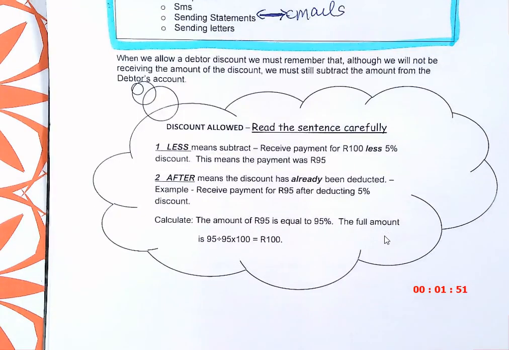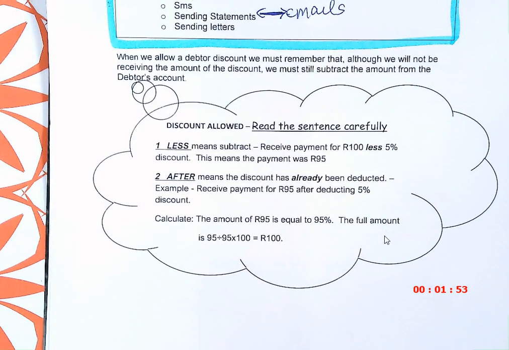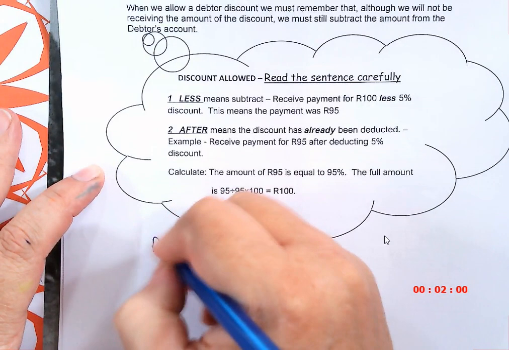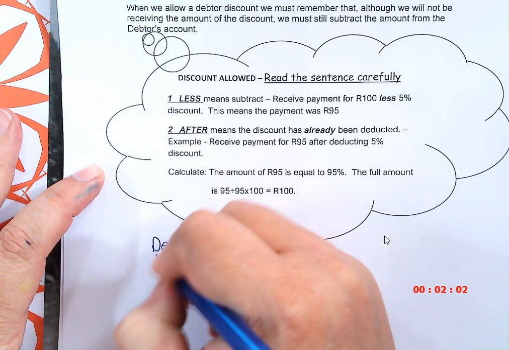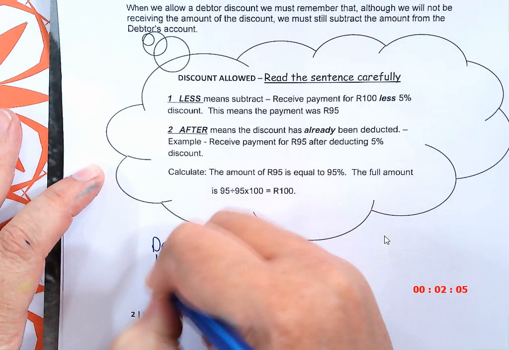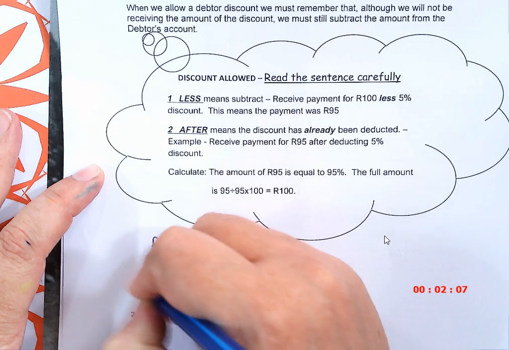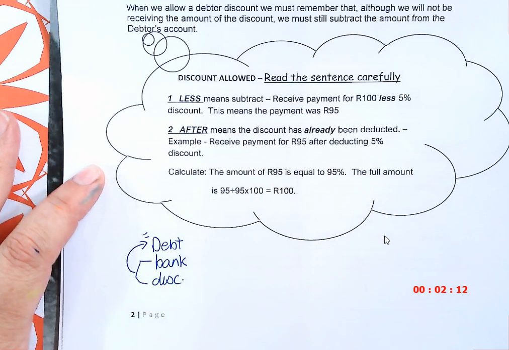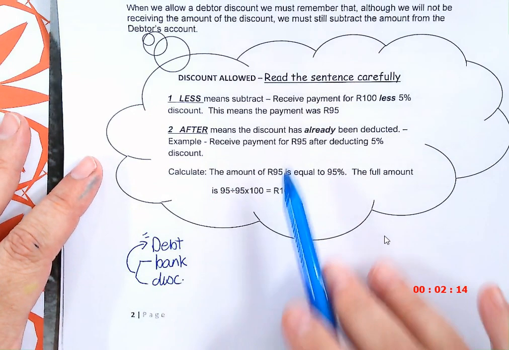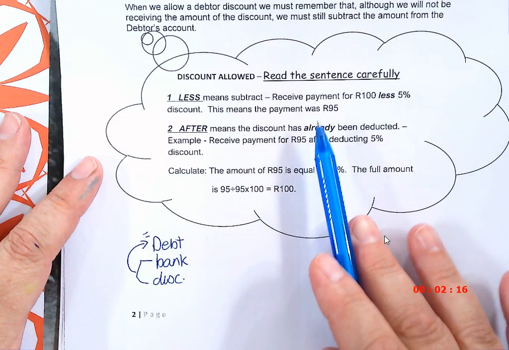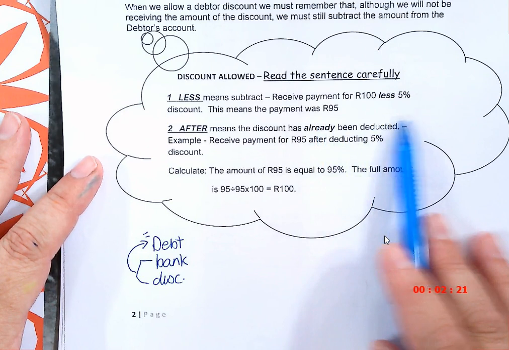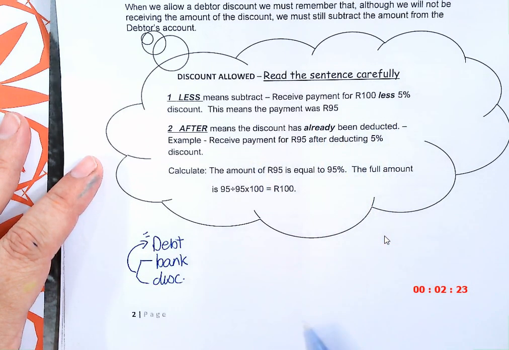Okay, because it's about the sentence constructions. So you always want to know what was the debt, what was the bank, in other words, what did they pay me, and what was the discount. So those two will be equal to the debt. Okay, so if they say receive payment for 100 Rand less 5% discount.